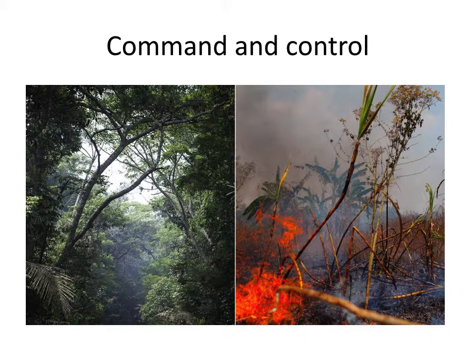So command and control generally has a binary approach to landscape management, which is essentially that an area which is in a protected area or is designated as a natural space is maintained in whatever is assumed to be its natural state, with little or minimal impact or natural resource utilization. So essentially, when we think of the Brazilian Amazon example, command and control sees two possibilities.